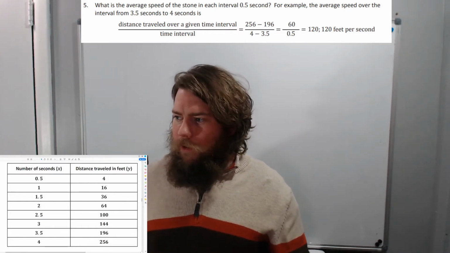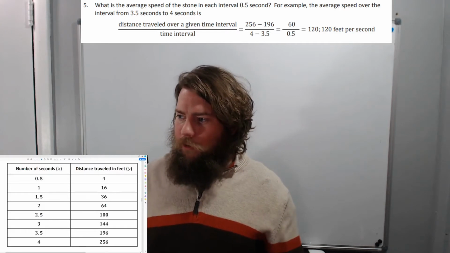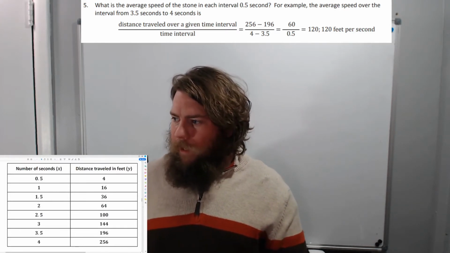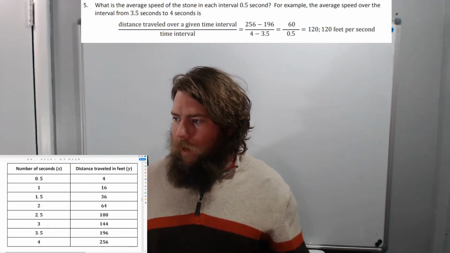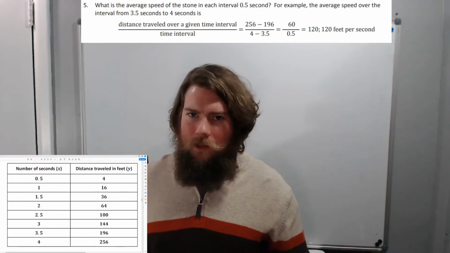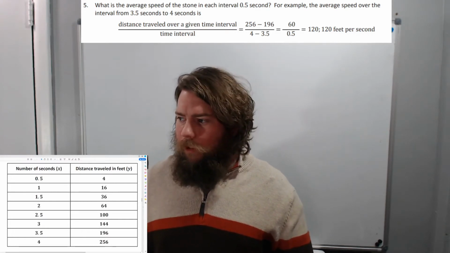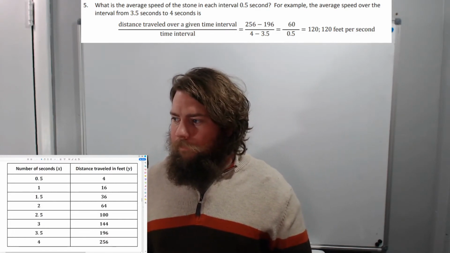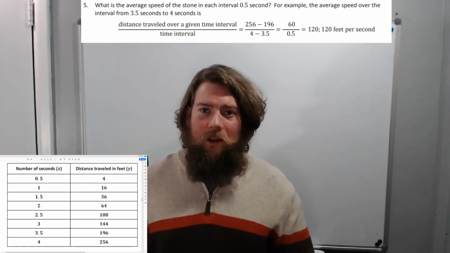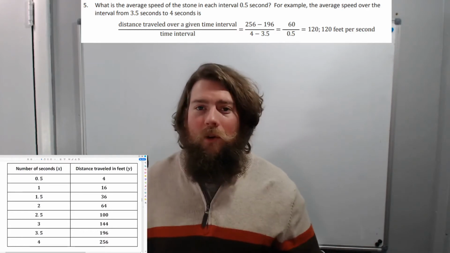So we ended at 4 seconds and we started at 3.5 seconds, so we're going to do 4 minus 3.5. That gives us 60 over 0.5, which coincidentally is the same thing as 60 times 2, which is 120 feet. So in that very last half-second interval, it's traveling 120 feet per second.